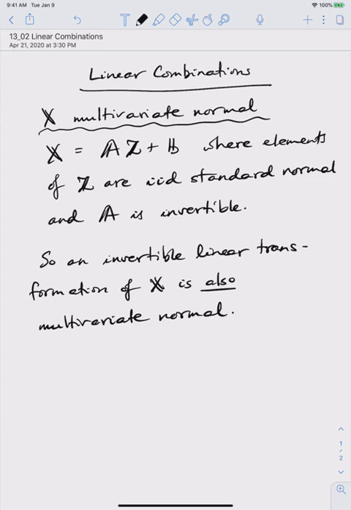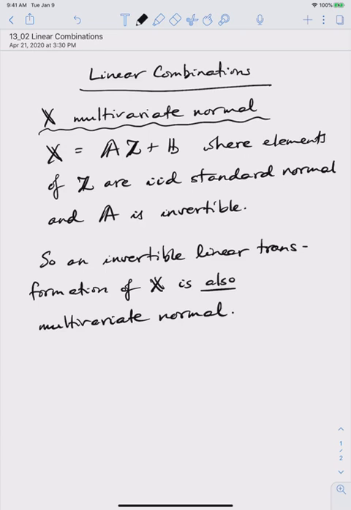That is because your new linear transformation is a linear transformation of a linear transformation of Z. And that's another different linear transformation of Z, which by definition is multivariate normal.